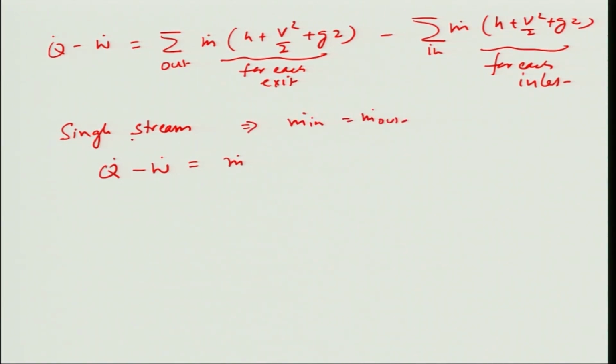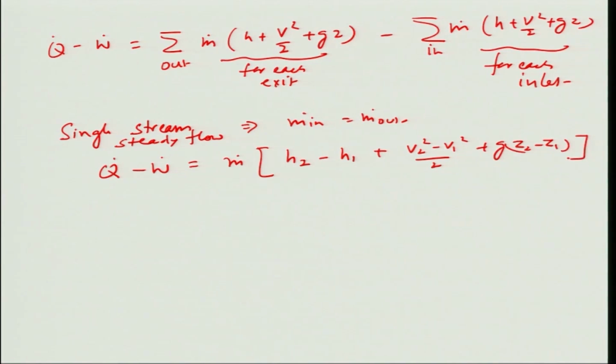Okay, single stream steady flow. Then you can write this as m dot times h2 minus h1 plus v2 square minus v1 square by 2 plus g times z2 minus z1. Okay, where h2 is your h out, that is the outlet stream, 1 stands for inlet and 2 stands for exit.